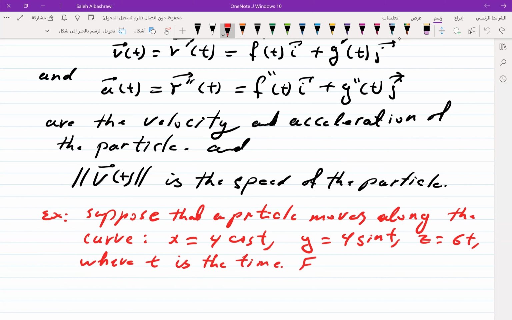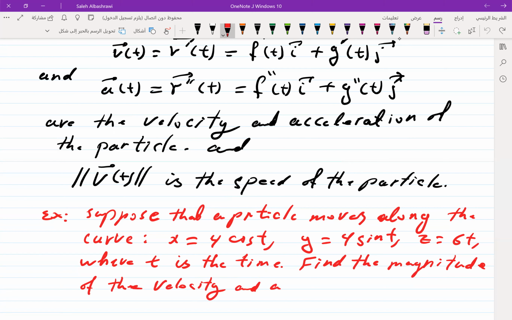Find the magnitude of the velocity and acceleration at t equal to pi over 4.